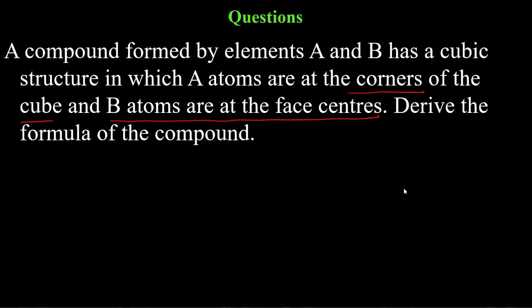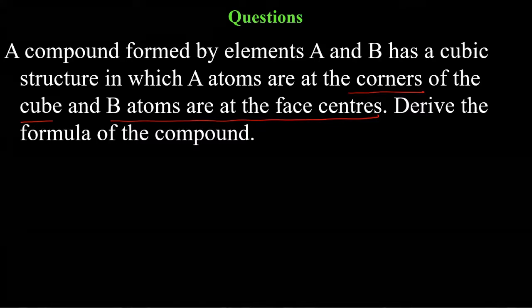Now, it is given a compound formed by elements A and B has a cubic structure, cubic, not hexagonal, in which A atoms are at the corners of the cube and B atoms are at the face centers. So, corners contribution, you know. A, all 8 corners.